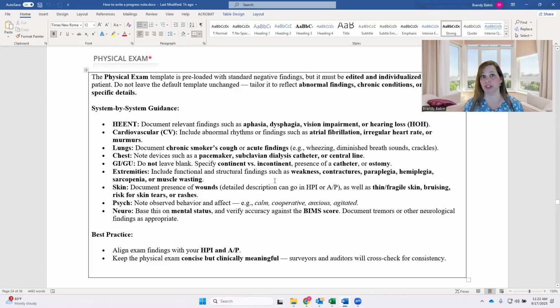Extremities, we've got a couple of good snippets in there. But if you see muscle weakness, sarcopenia, muscle wasting, any diagnoses up above, put that in there. Contractures, a lot of people put extremities normal, and I look up under their medical diagnosis and they've got contractures, they're paraplegic, they've got a CVA with right-sided weakness, or hemiparesis. So that is the stuff I'm looking for under the extremities.